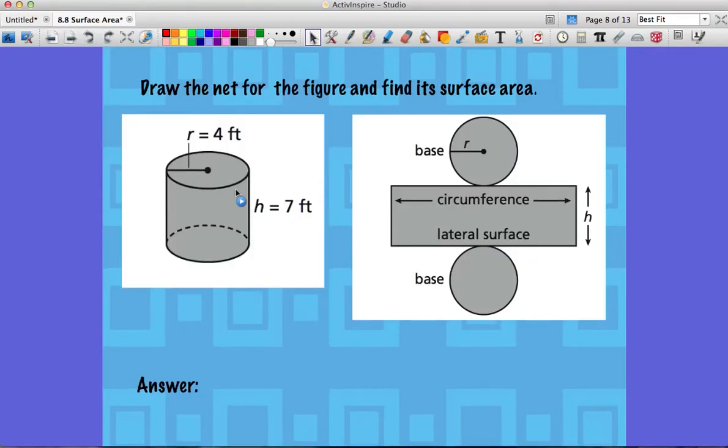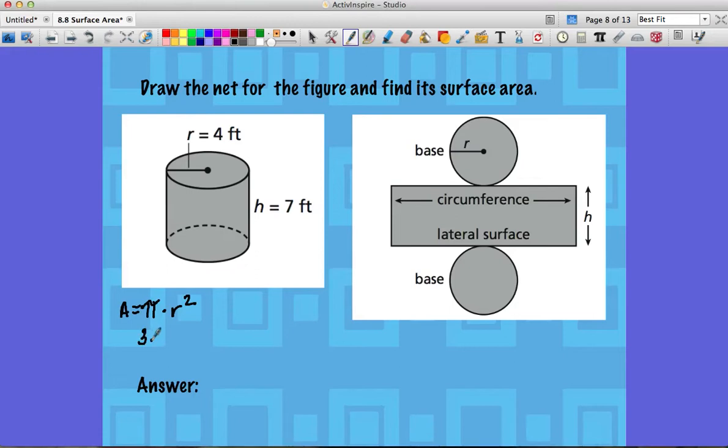So when you're looking at this cylinder, you have a cylinder that has a radius of 4 feet and a height of 7 feet. The only other dimension they can give you here is diameter. So now we have to remember our area formula for a circle, which is area equals pi times the radius squared.